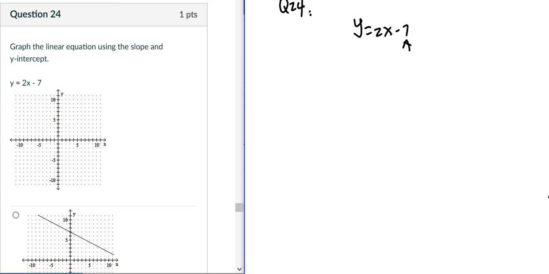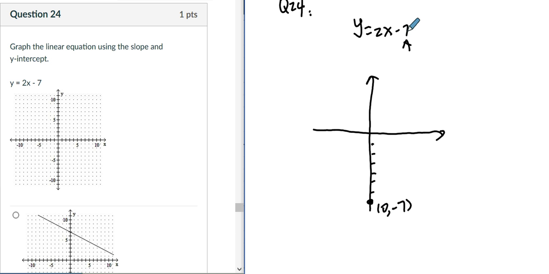Where is negative 7? On the xy coordinate plane, negative 7 may be somewhere here. 1, 2, 3, 4, 5, 6, 7. This is (0, negative 7), the y-intercept.